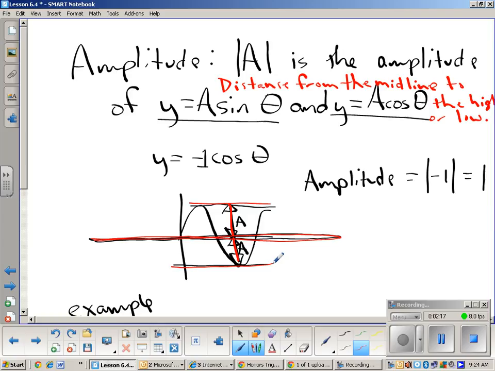Y equals -1 cosine theta. And so the amplitude is the absolute value of -1, which is 1.